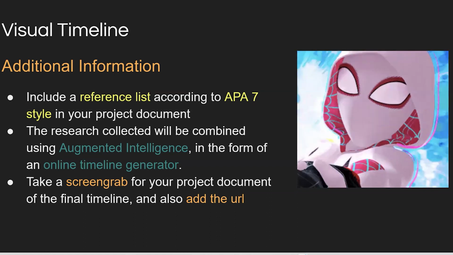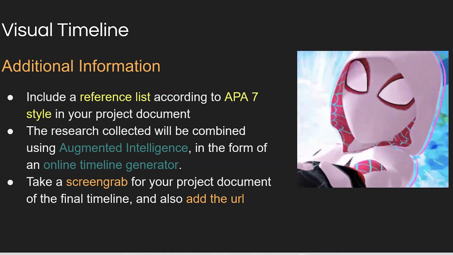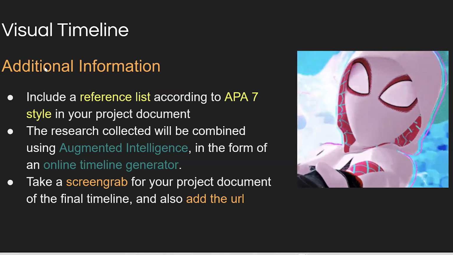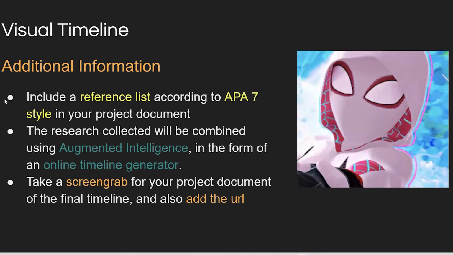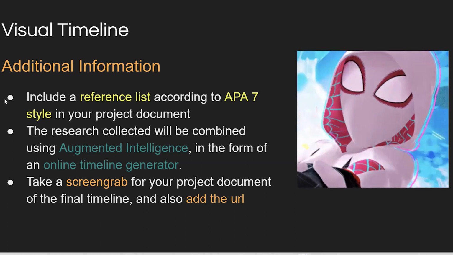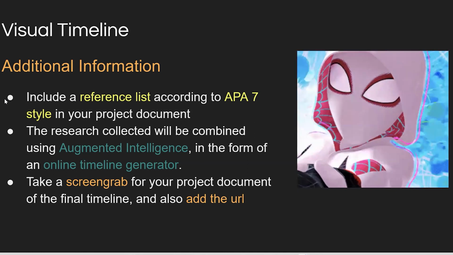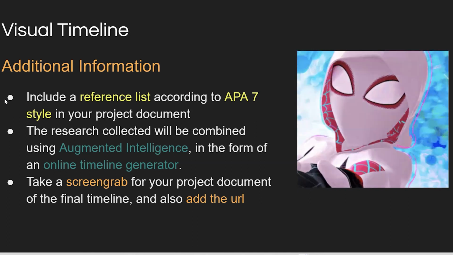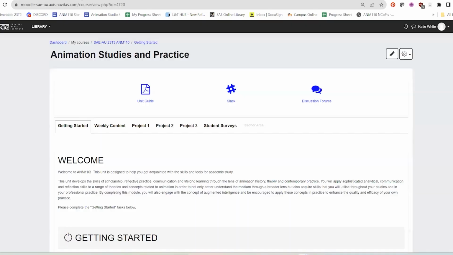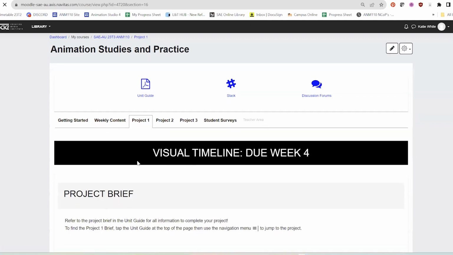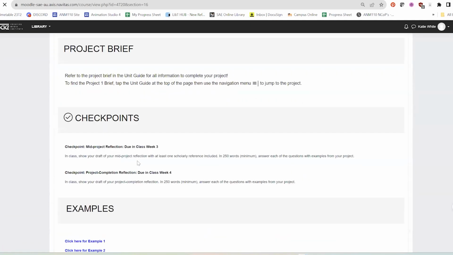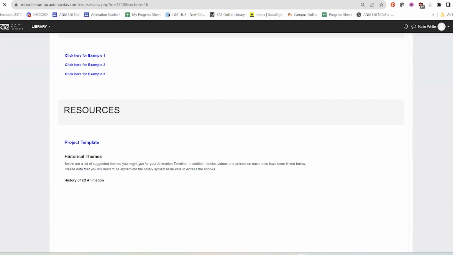Okay, so just some more details on the timeline overall. You want to make sure you include a reference list according to APA 7 style in your project document. Just a reminder, when we're talking about the project document, we are, of course, referring to the template or your version of the template that is provided in Campus Online.